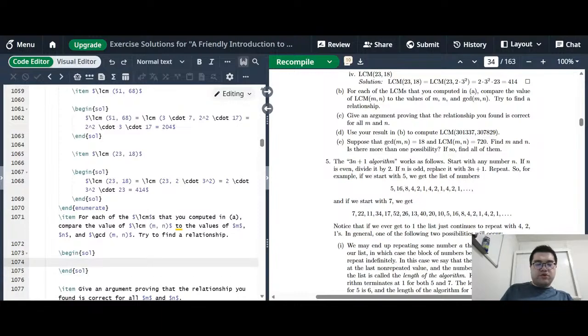So here is a solution. LCM of M and N times the GCD of M and N is equal to MN. Okay.